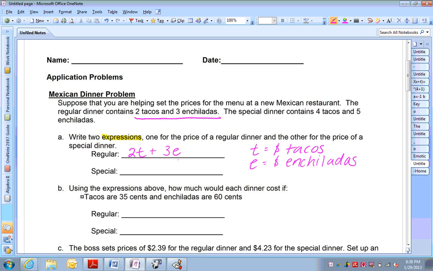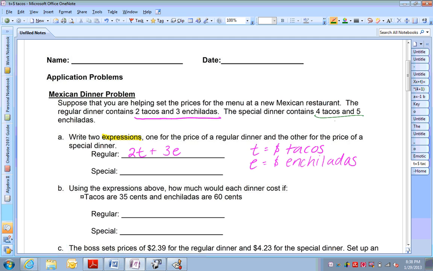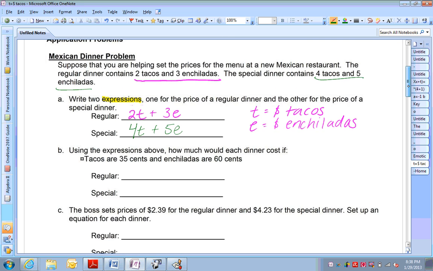And that would be the expression for the regular dinner. Alright, for the special dinner, I have 4 tacos and 5 enchiladas. So the expression I'm going to use is 4T plus 5E, 4 times the cost of tacos plus 5 times the cost of enchiladas.